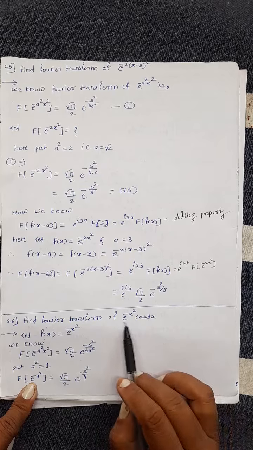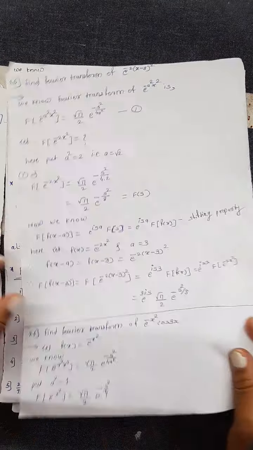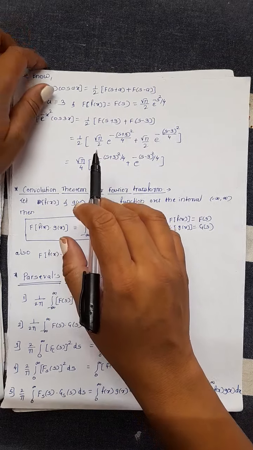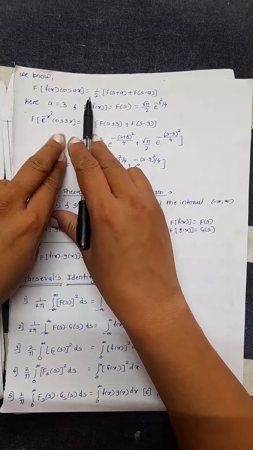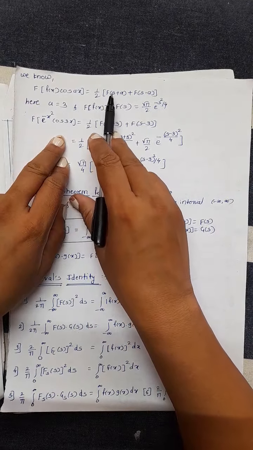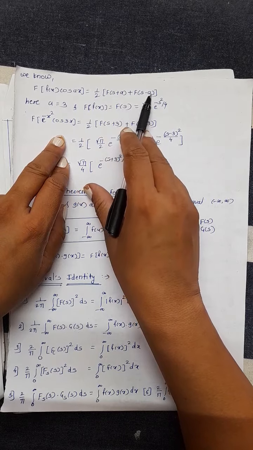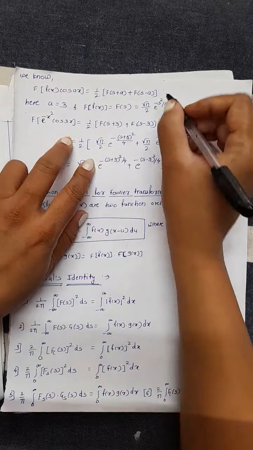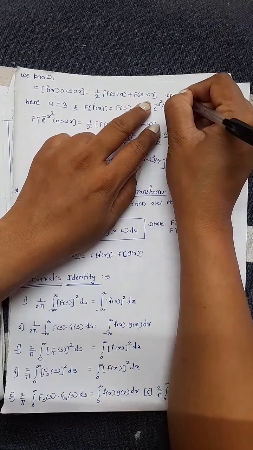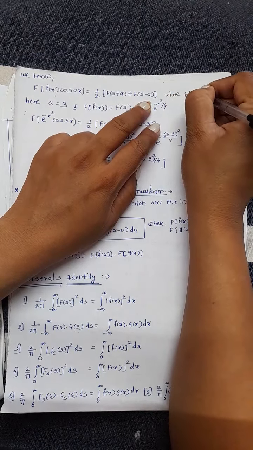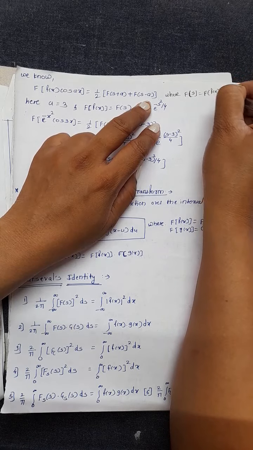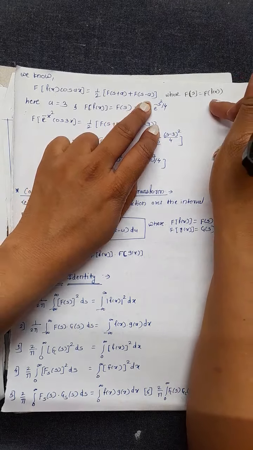Now we are going to use the modulation theorem. The Fourier transform of f(x) cos ax is equal to half into the bracket F(s + a) + F(s − a), where F(s) is the Fourier transform of f(x). This is our standard assumption.